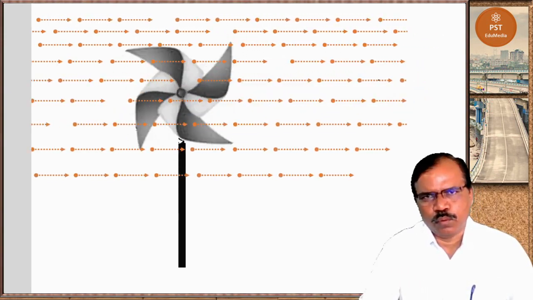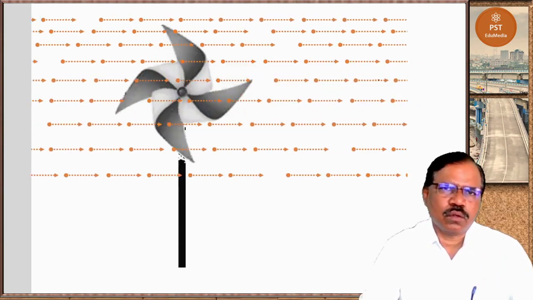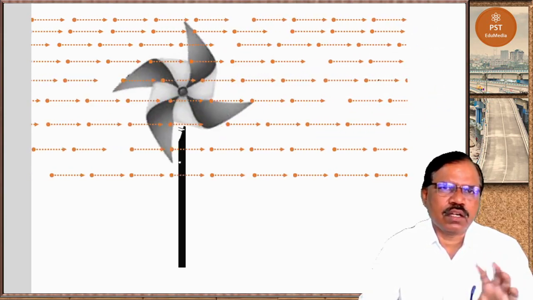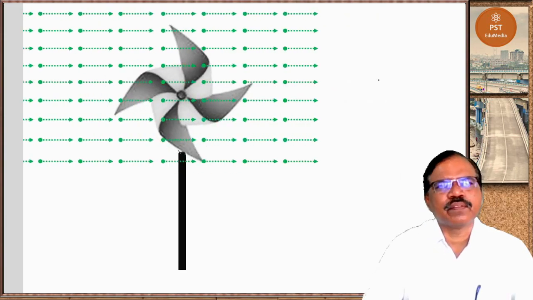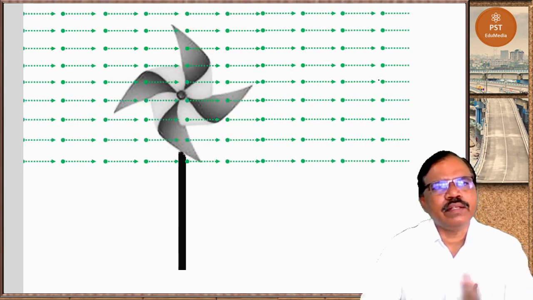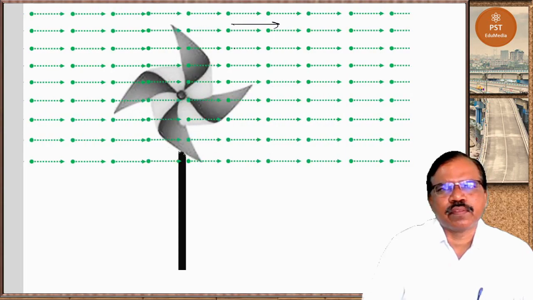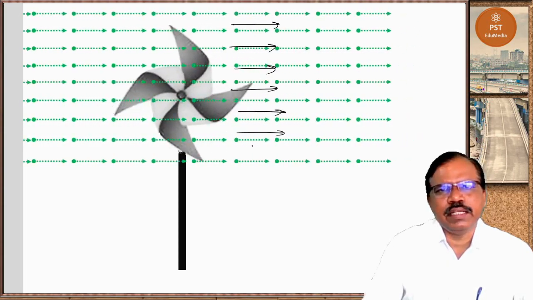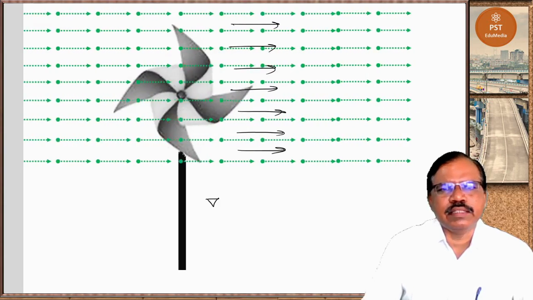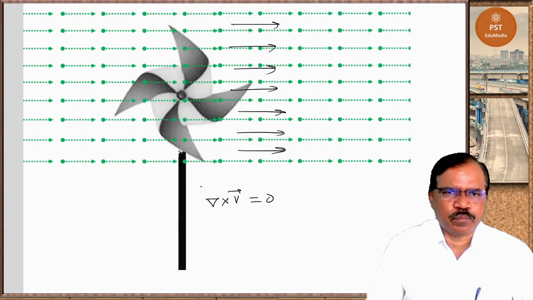This air flow, meaning the velocity vector field, has rotational features. So the curl of the vector field will be non-zero here. But if we see here, everywhere the velocity is the same, so the field is a uniform field, and in this case del cross V will be equal to 0.